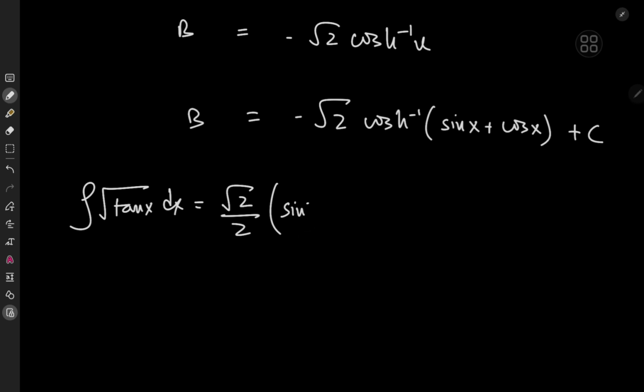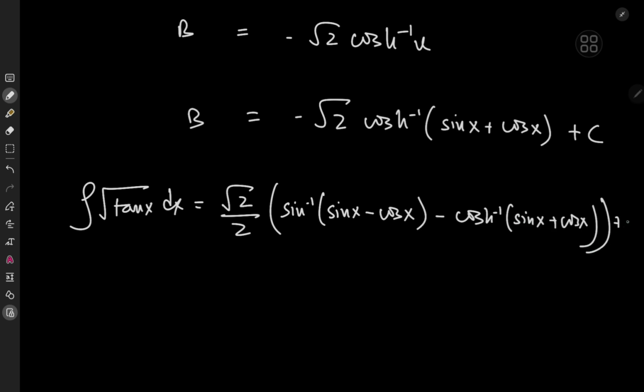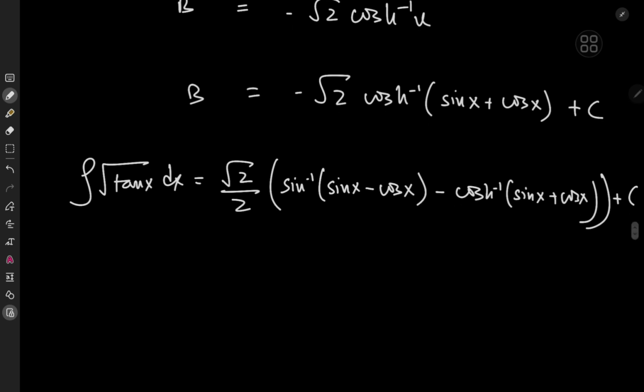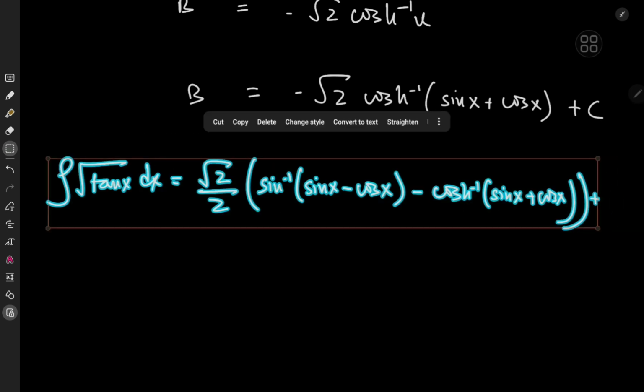Yeah, it was the inverse sine function, sine x minus cosine x rather, then a negative sign here. So I have inverse cosh of sine x plus cosine x plus the constant of integration C. And we have a very similar structure. Let me just move this around a bit.